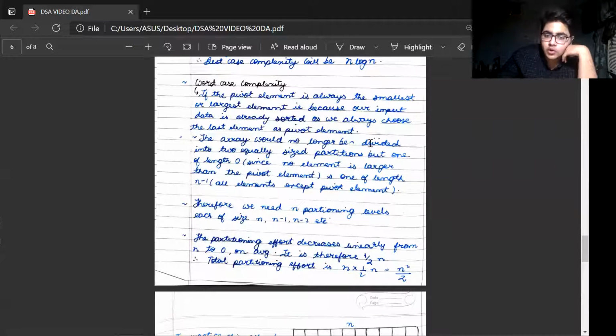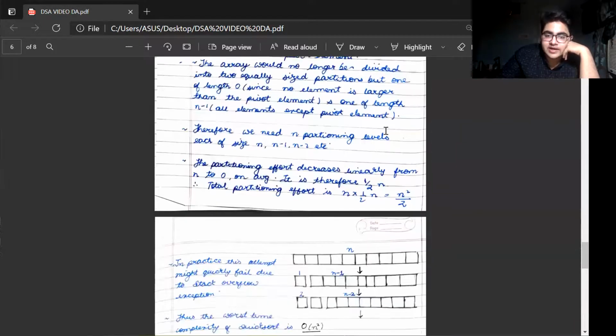So this array would no longer be divided into two equally sized partitions, but into one of length 0 and one of length n minus 1, excluding the pivot element. Therefore, we need n partitioning levels, each of size n, n minus 1, n minus 2, and so on. The partitioning effort decreases linearly from n to 0, obviously.